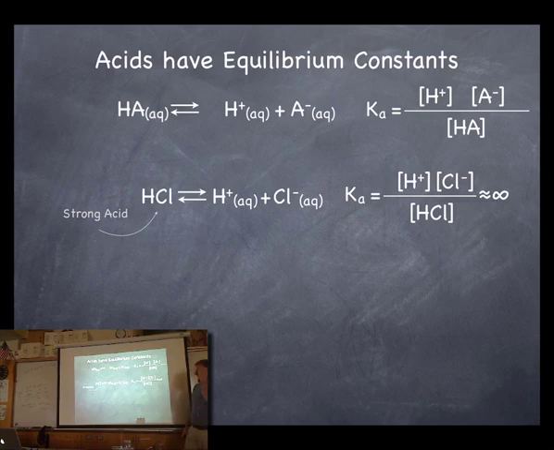Okay? And in fact, if we pulled out the Handbook of Chemistry and Physics, my big reference book, and we turned to the section where they list Ka values for acids, and we looked up hydrochloric acid in this big table full of Ka values for different acids. For hydrochloric acid, for any strong acid, what you see in there is "very large."